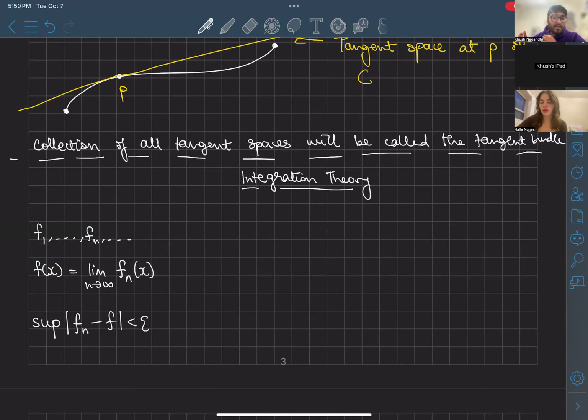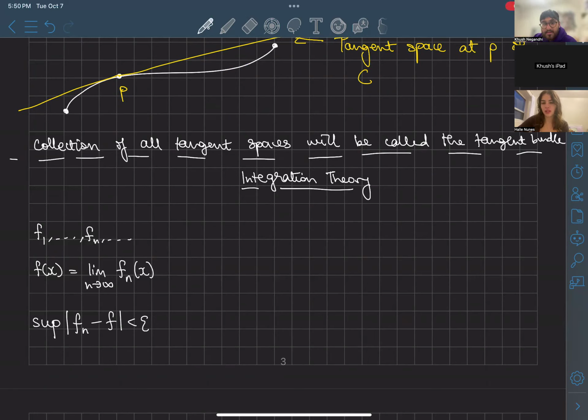A way to look at this is you look at the space of functions, give it the supremum metric, and then talk about convergence in the sup norm.